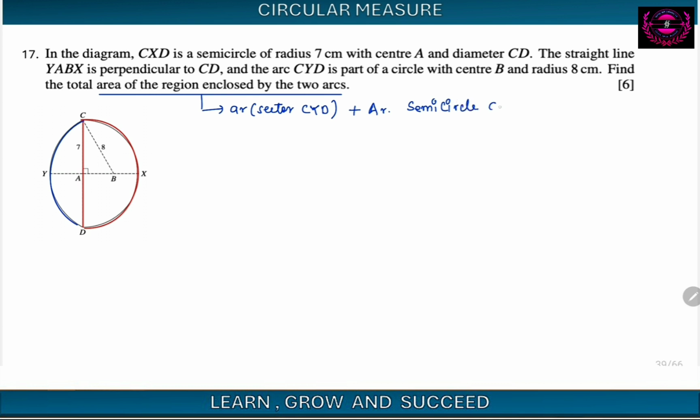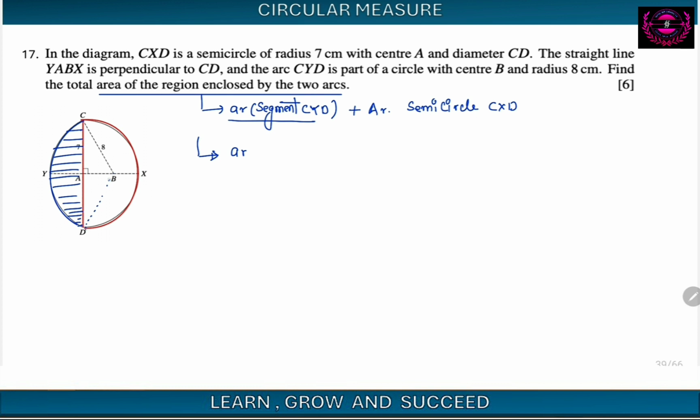Now the area of sector is not sector, it is a segment. This is segment CYD. So the area of segment CYD is the area of sector minus the area of this triangle.